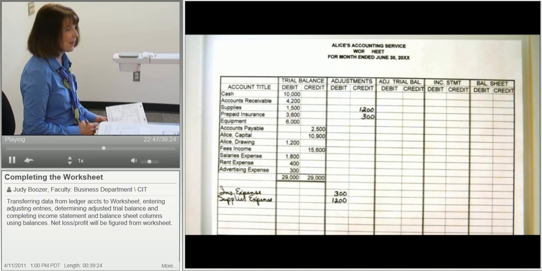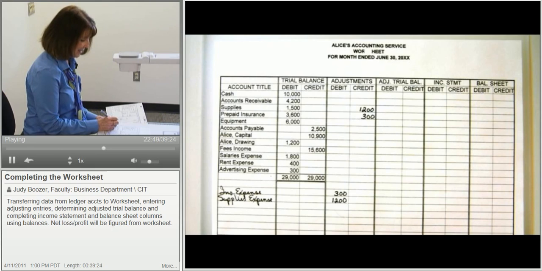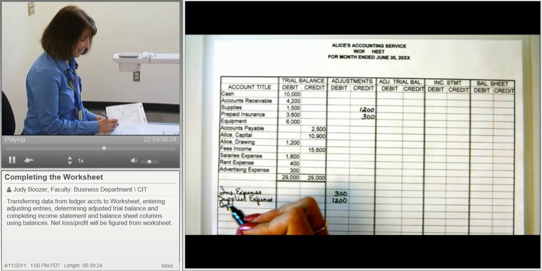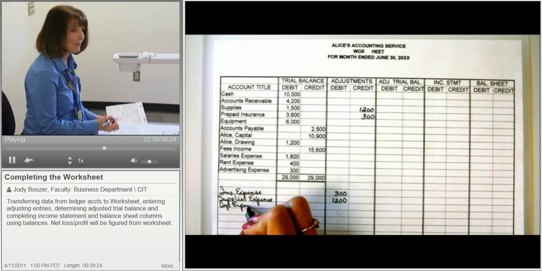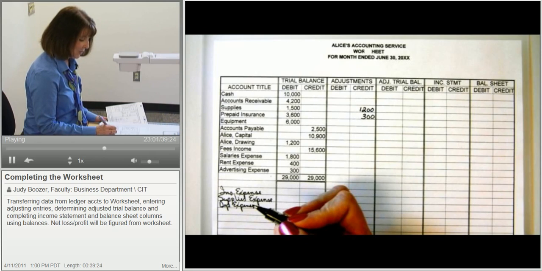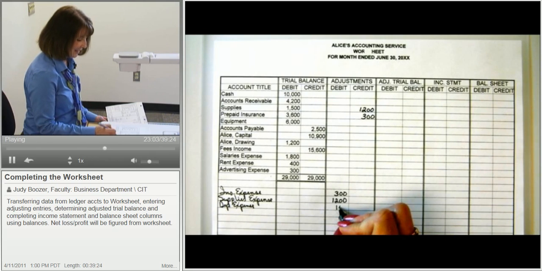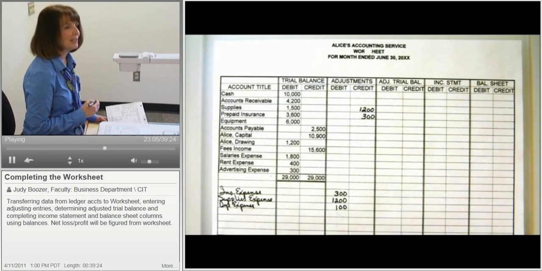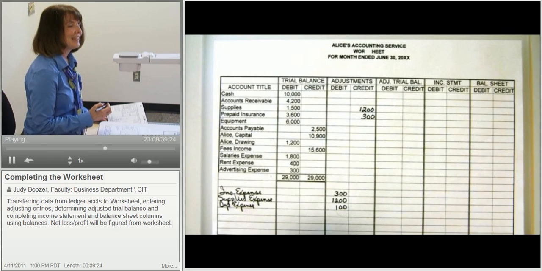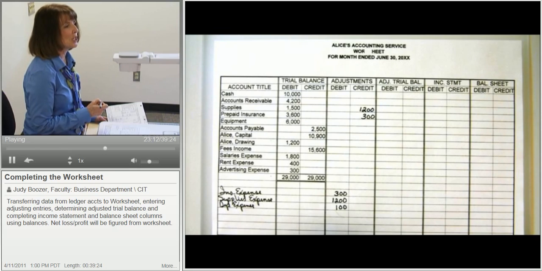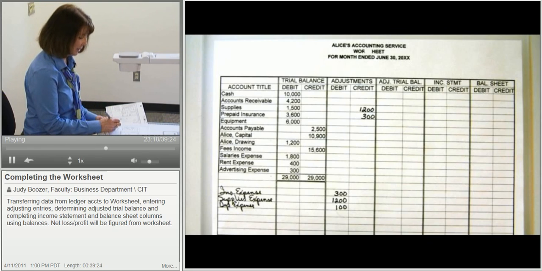Depreciation expense. And how much did we determine it would be? 100. And the credit goes to? Pardon? Okay, remember depreciation doesn't get reflected in the asset account, but in the contra asset account called?